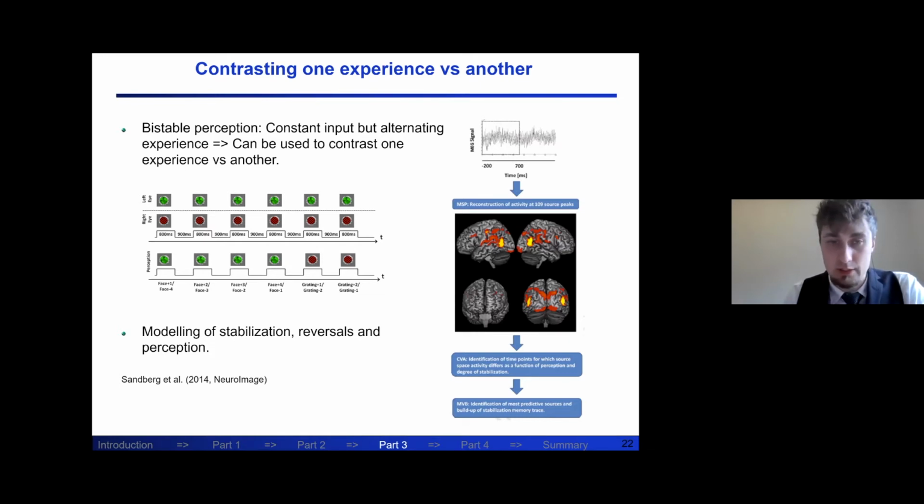If you present it intermittently, like we did, for less than a second, the two images, and then a short break, and then again, you get this effect that people perceive the same thing a number of times in a row, and then at some point it switches and you perceive the other thing.